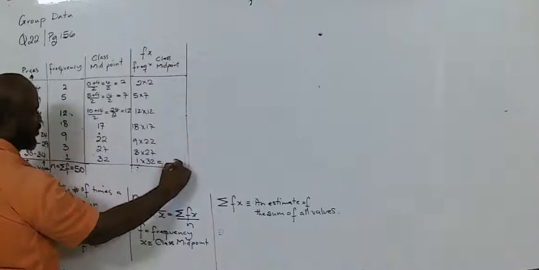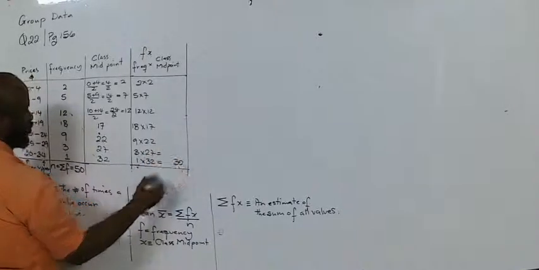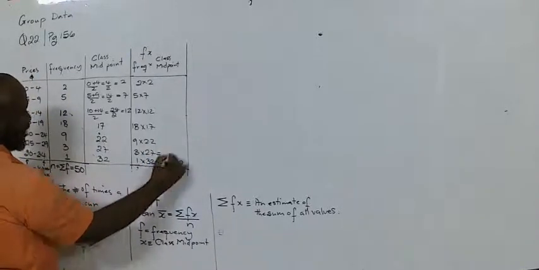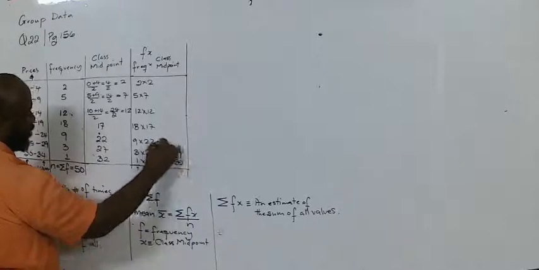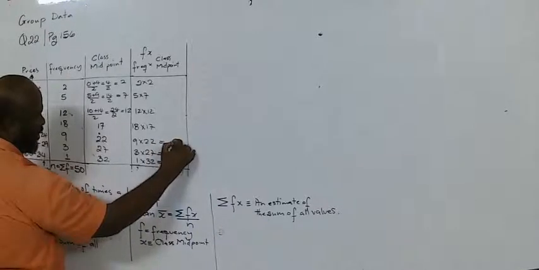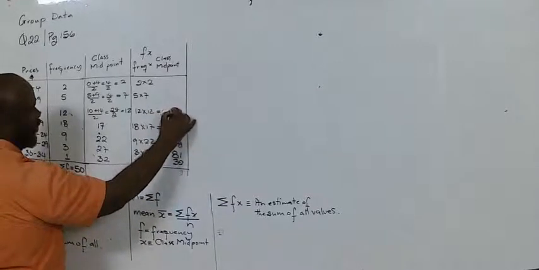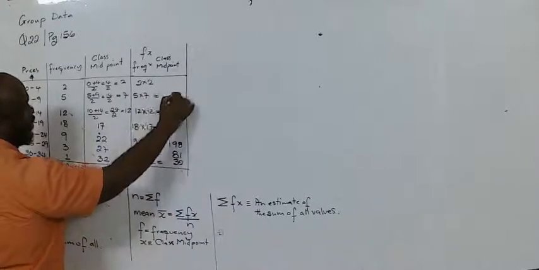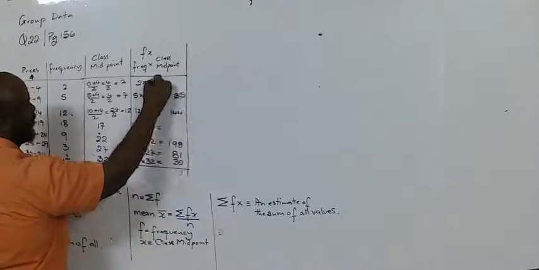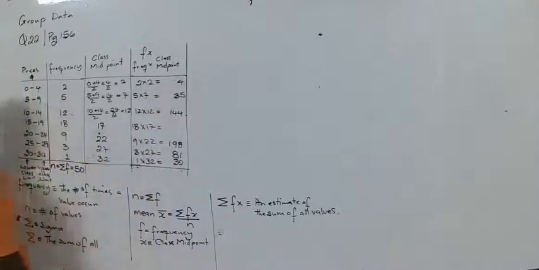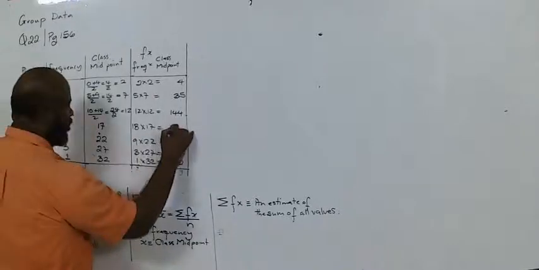This is 4, this is 35, this is 144. This is 198, this is 81, this is 32, and this is 4. What is 18 times 17? This is 306.